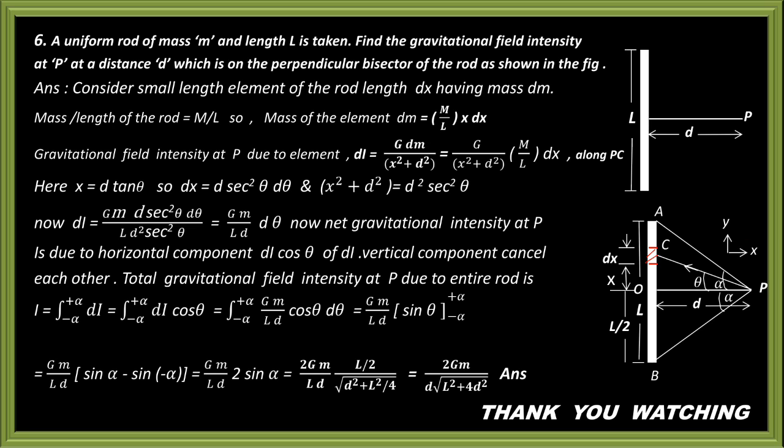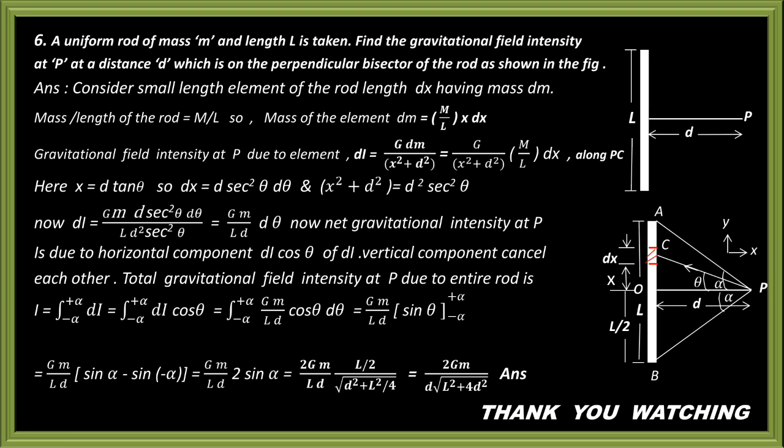So we are now going to find the net or total gravitational field intensity at P due to the entire rod. I equal to integrating dI within the limits minus alpha to plus alpha, replacing dI by dI cos theta. We get G m by L d sin theta, and the limit will be minus alpha to plus alpha.